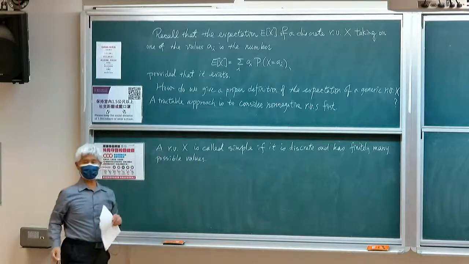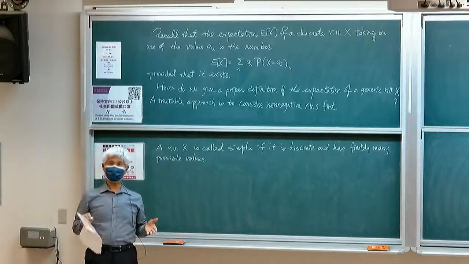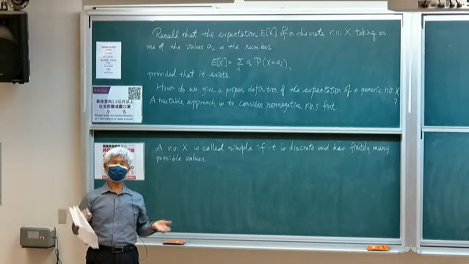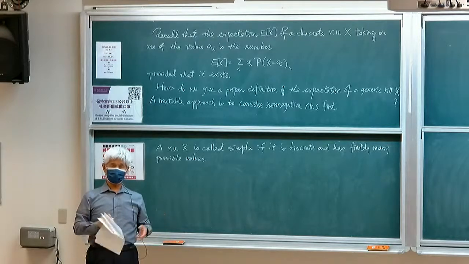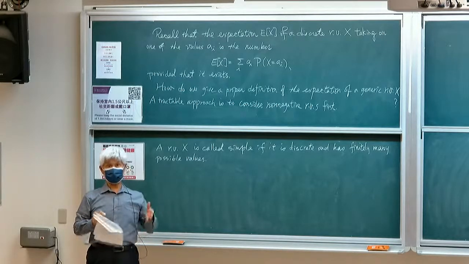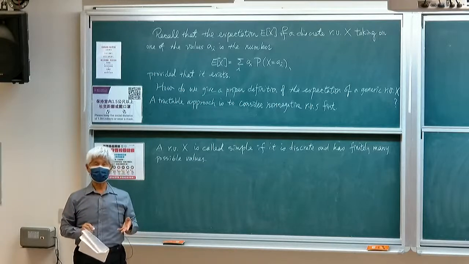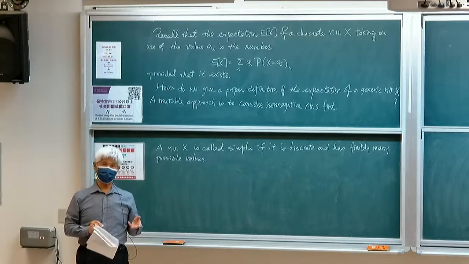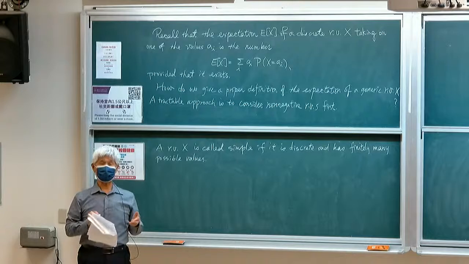Okay, so simple random variables are a subclass of the class of discrete random variables, because for discrete random variables, the set of all possible values can be infinitely countable, right?